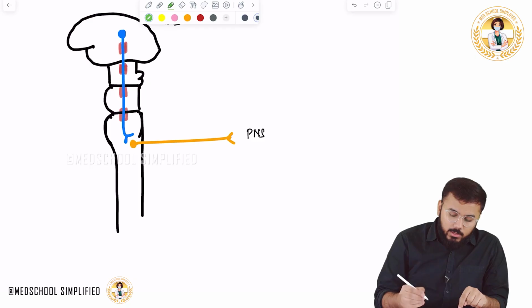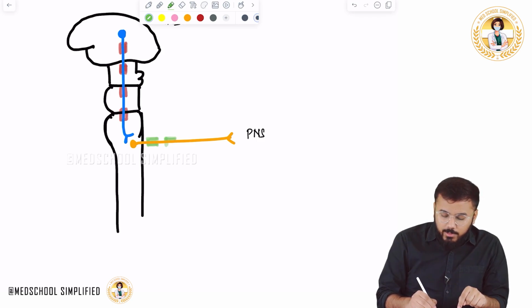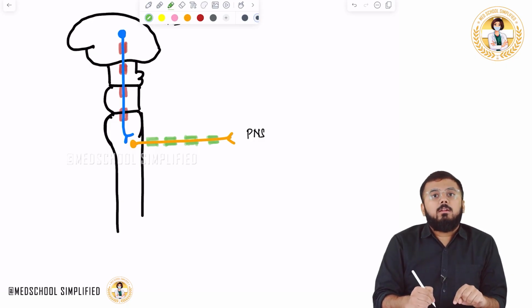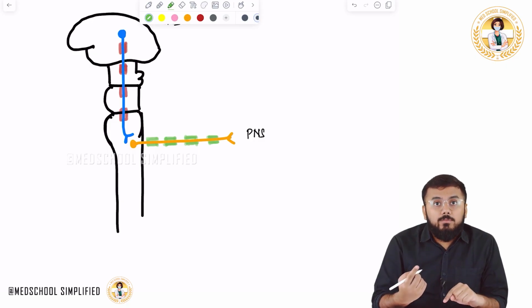Even surrounding your peripheral nervous system, you see a sheath like this. The sheath surrounding your peripheral nervous system is also called your myelin sheath. But the important thing is: by which kind of cells is the myelin sheath in the central nervous system formed?